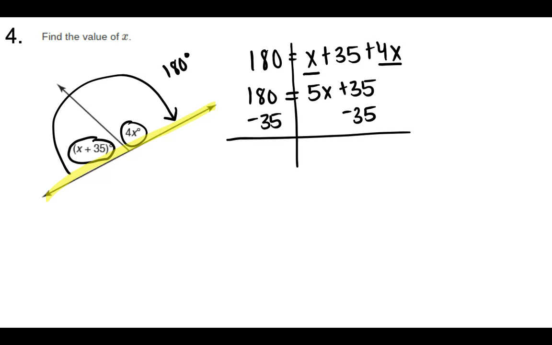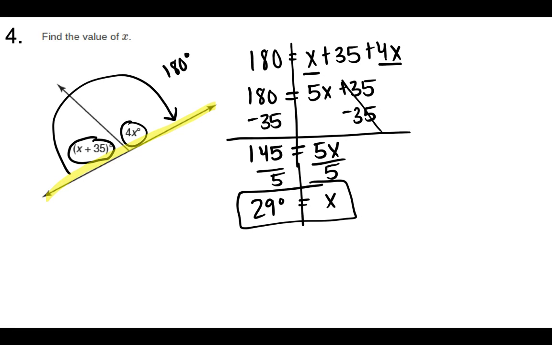And that is going to leave me with 5x equals 145 degrees. And then finally, we're going to divide both sides by 5. And that's going to give me x equals 29 degrees.